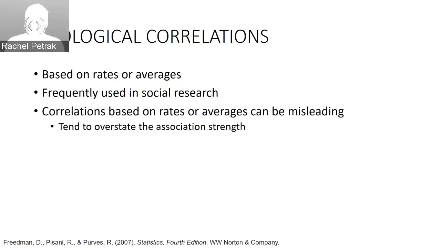And that can be quite problematic. For example, overstating the association would make us think that there's a much stronger relationship between two variables than there is in reality.